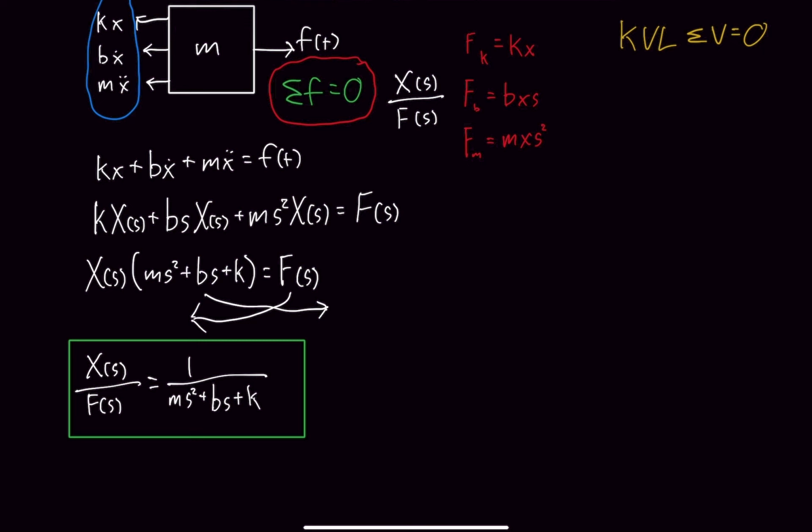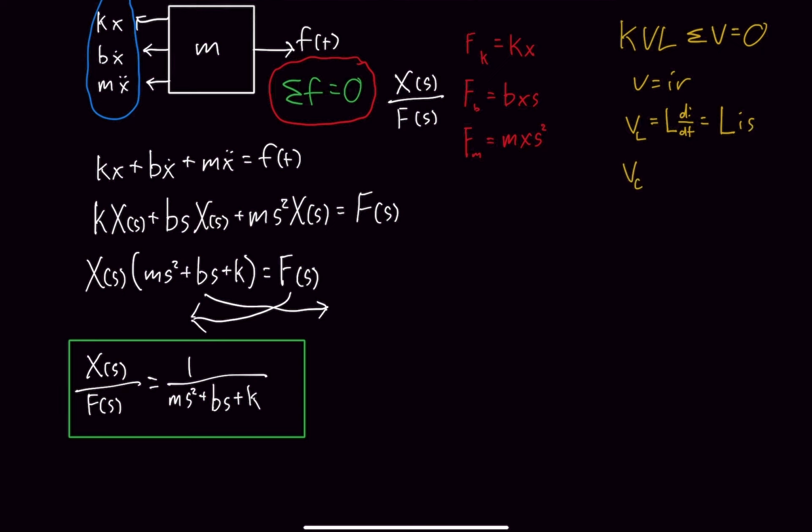Obviously, first one we know is V equals IR. Another one we know is that the voltage across an inductor is equal to L di dt. In the S domain, it's going to be LIs.